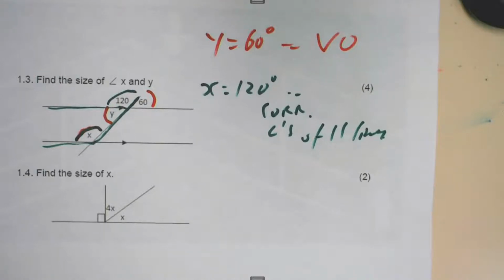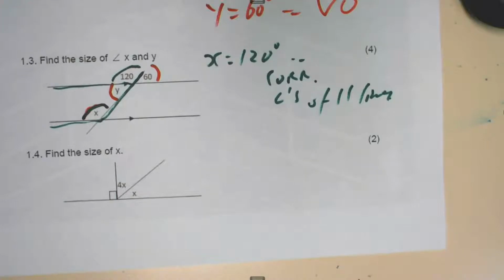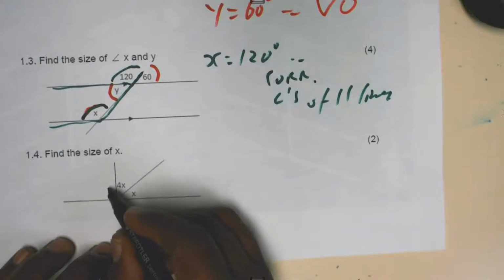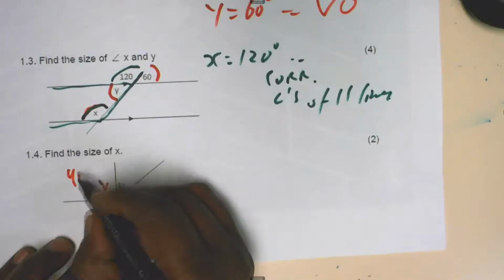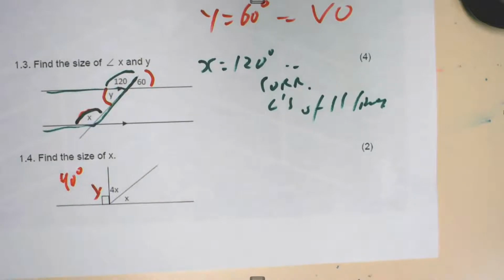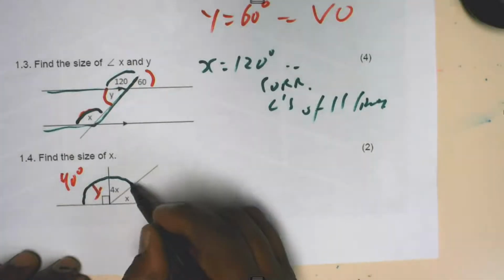Right, now let's look at 1.4. Let's analyze the figure. What do you have? In other words, what does this sign represent? That sign represents 90 degrees. And then what do we have there? We have a straight line.